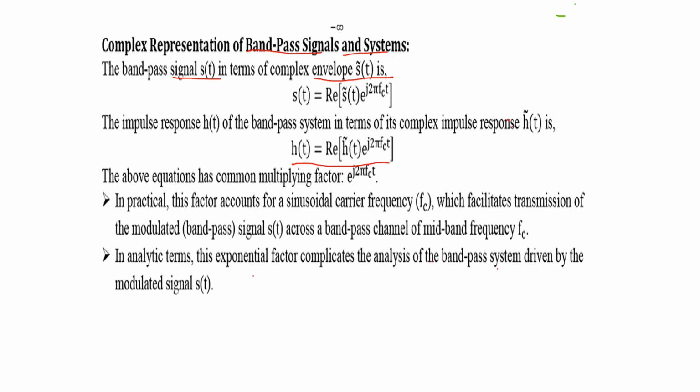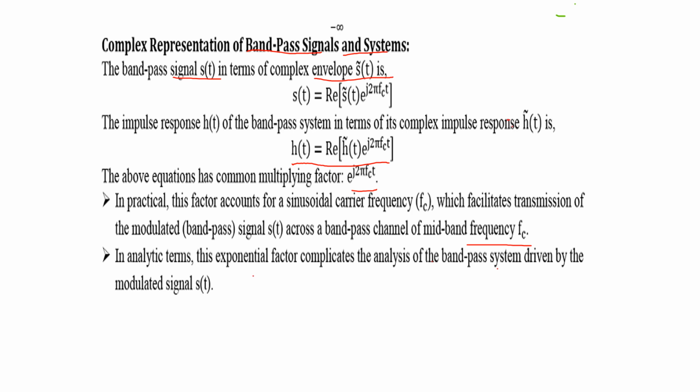The above equation has a common multiplier, e to the power of j 2 pi fc t. Practically, this factor accounts for the sinusoidal carrier frequency fc, which facilitates the transmission of the modulated bandpass signal s of t across the bandpass channel with mid frequency fc. It is nothing but the carrier frequency while transmitting through a channel.